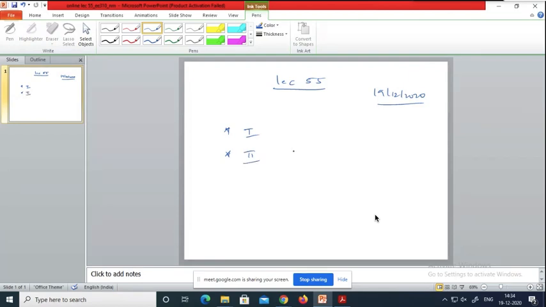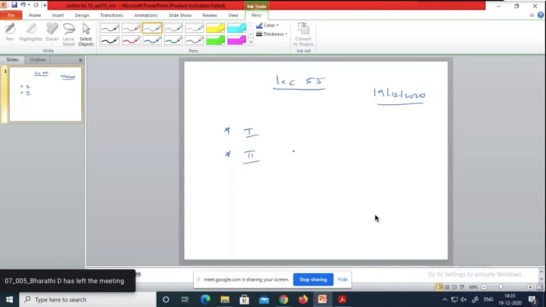That means flux linking a coil which is changing with respect to time might induce some voltage in that coil. That voltage is called the self-induced EMF. So that is nothing but Faraday's first law.